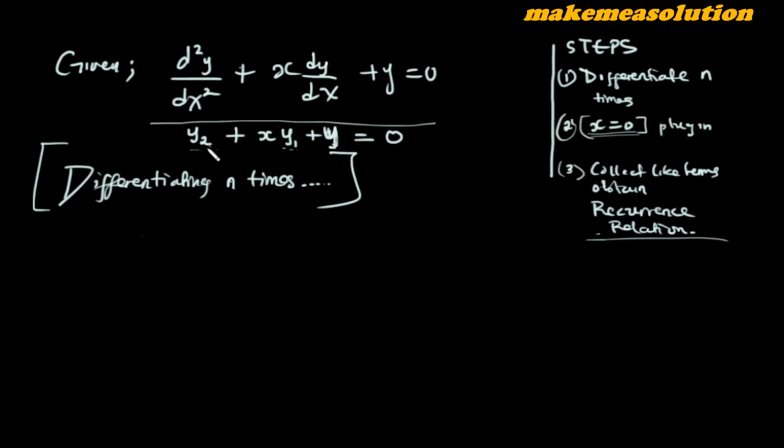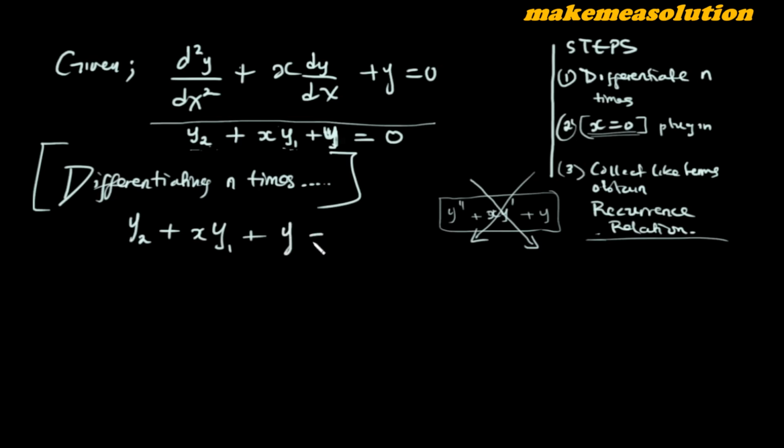So our y2 is the second derivative, y1 is the first derivative, and y is the 0th derivative. Now, some people might write it like this: y prime prime, plus x y prime, plus y. But this kind of method is not usually convenient, so I'm going to discourage you from using it. Convert it to subscript. So we are differentiating y2 plus x y1 plus y n times.